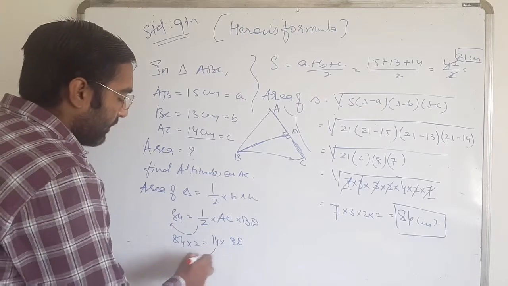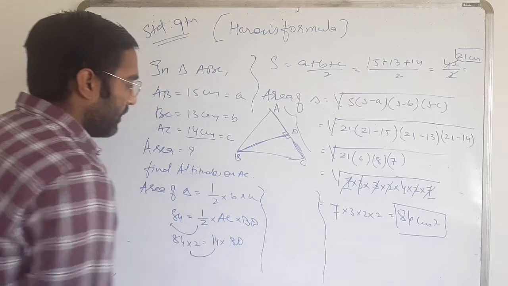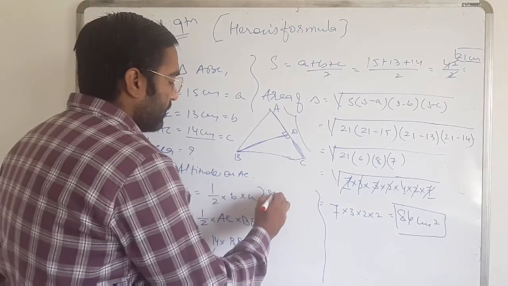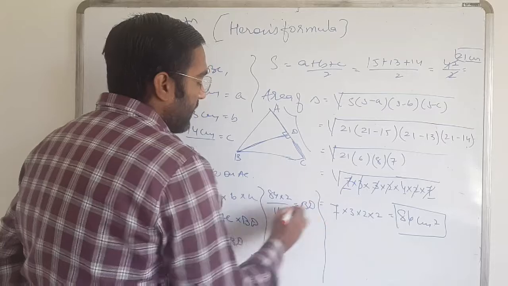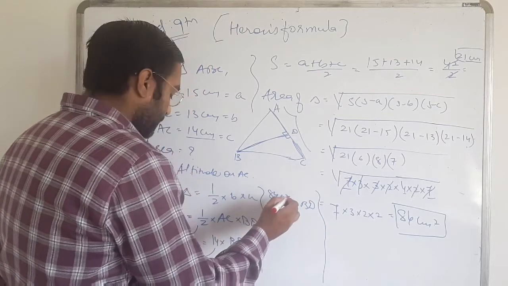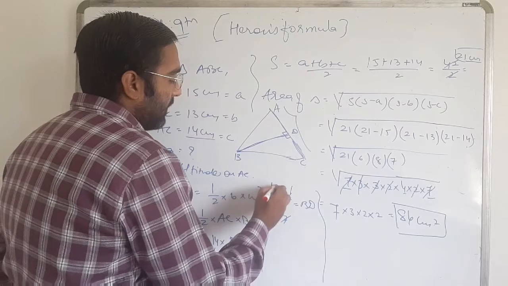Now we shift 14 to the other side also. So 84 into 2 divided by 14 is equal to BD. 2 1s are 2, 2 7s are 14, 12 7s are 84.